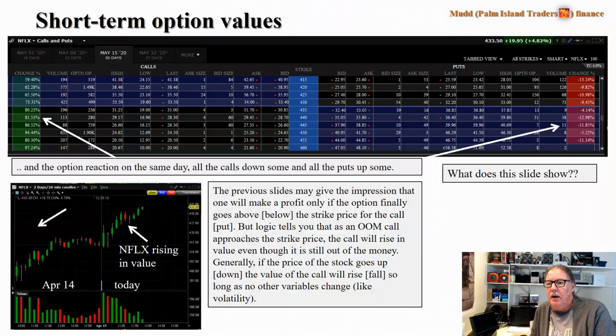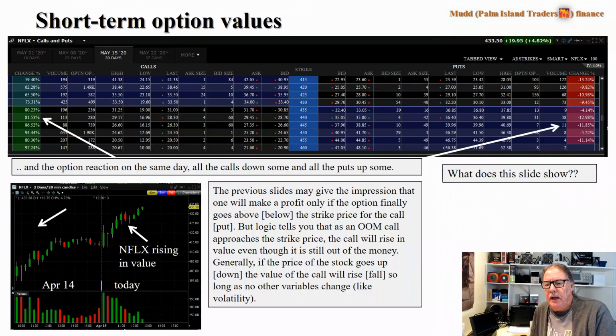So let's keep going. Now we know this. This was taken from Interactive Brokers on the same day that I prepared those lecture slides, and the prices are very close to what they were on the examples I've given you in the graphs. For example, we're looking at the May 15 expiry, which is 30 days away, and that's the expiry all along that we've been using as an example.